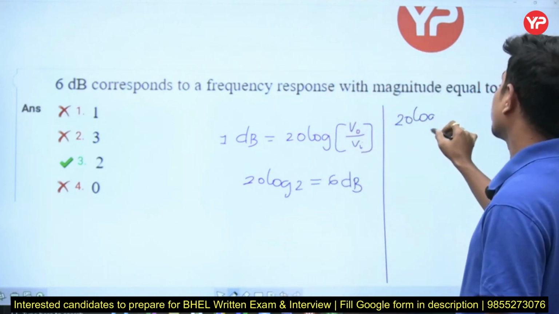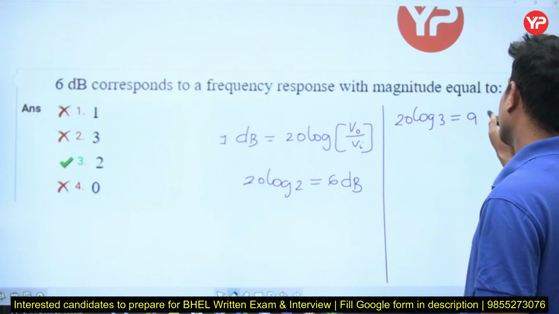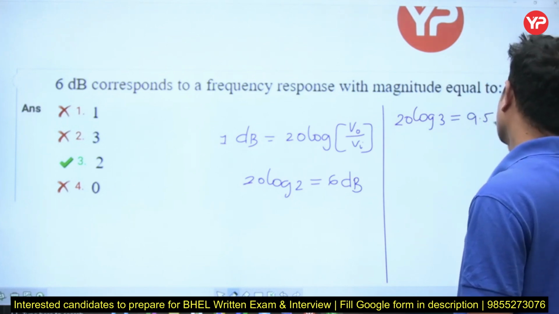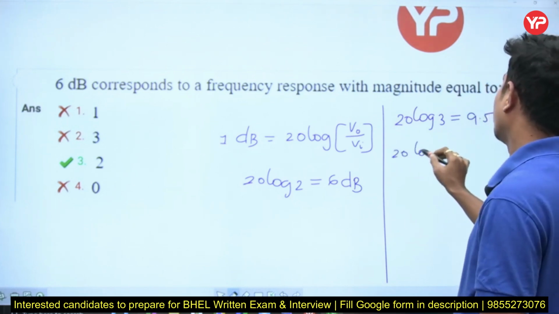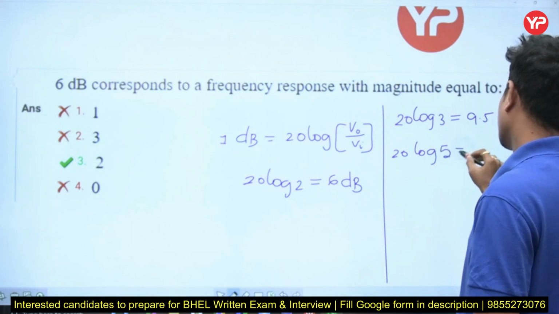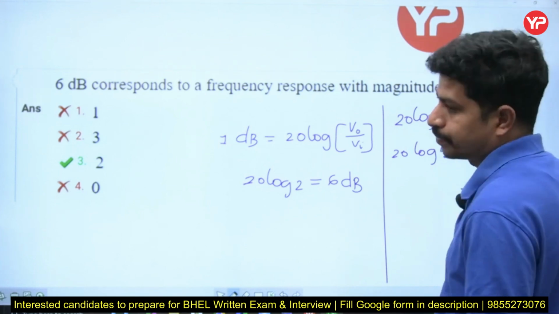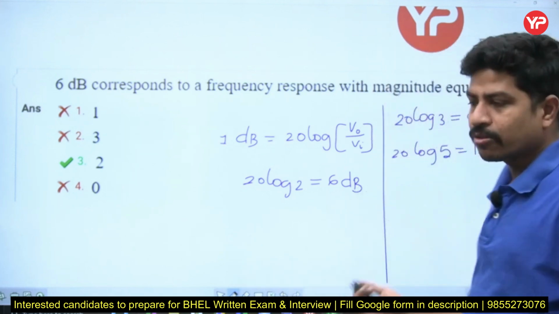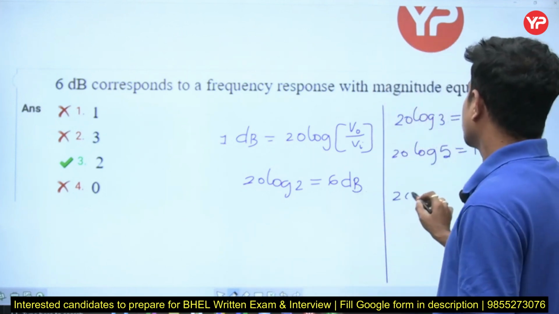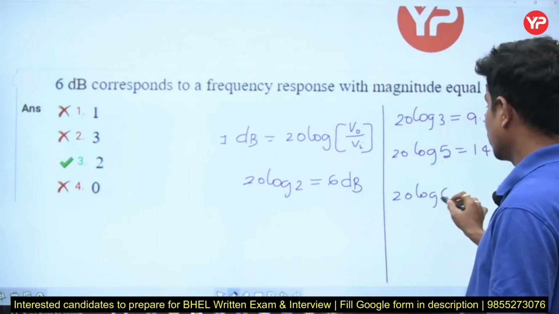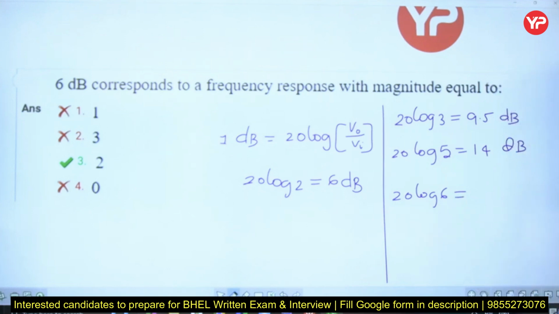20 log 3 is 9.5 dB. 20 log of 5 is 14 dB. These three things you must remember. Now the remaining values we can mostly calculate. Suppose I ask 20 log 6, 6 can be written as 3 into 2.